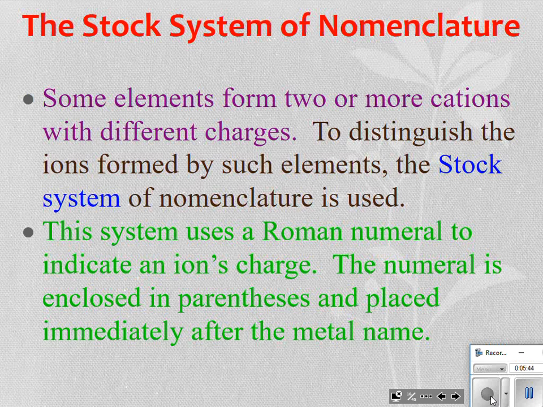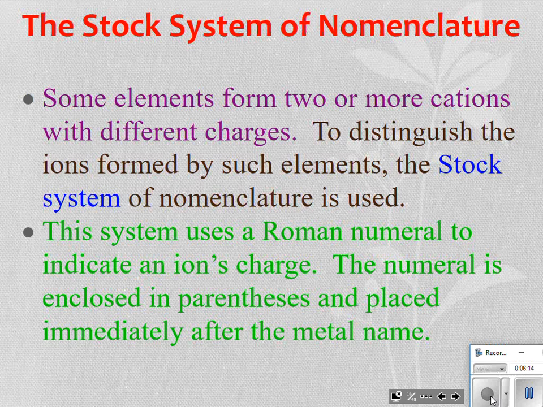Look over a couple more at copper, Cu, 1+, 2+. Couple down from there and over, lead, Pb, a 2+ and a 4+. These are all cations that have different charges. You need to use the stock system of nomenclature when you have these particular ions.